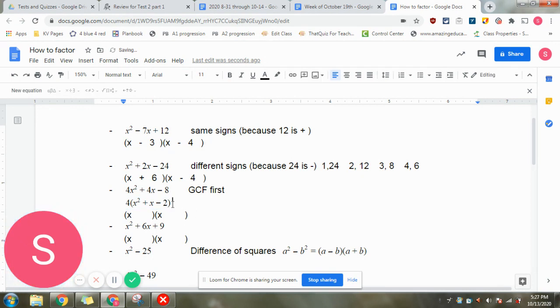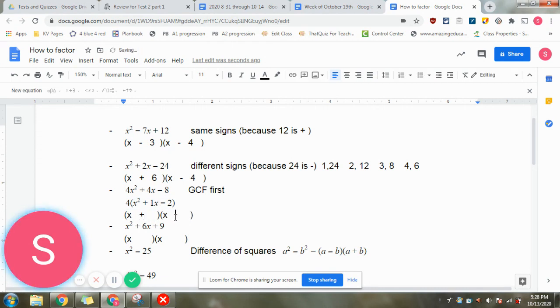Alright, so this one is a lot like our second example here, because it's a minus 2. So we want two numbers that multiply to give us 2 and subtract to give us 1. It's a 1x there. Alright, so it's got to be a 1 and a 2.